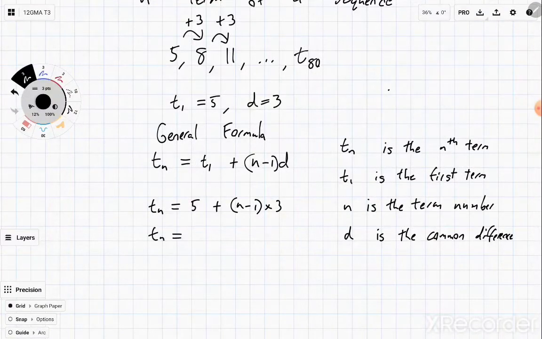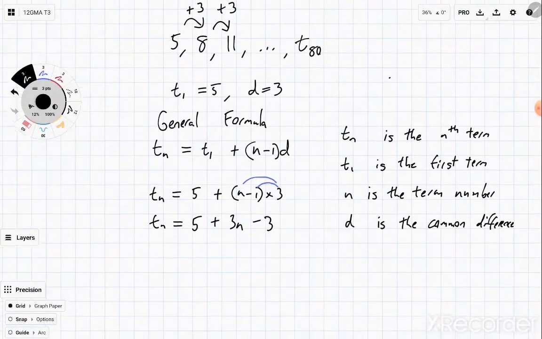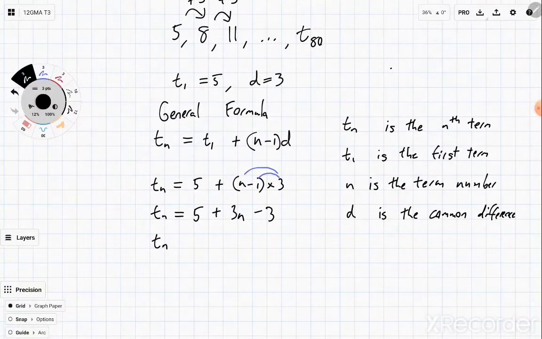So let's get rid of those brackets. If you remember from expanding brackets, we're going to go 3 times n, negative 1 times 3. So 3 times n is 3n, negative 1 times 3 is negative 3. And then we can collect like terms. We've got 5 and we've got negative 3, so that can simplify to 2 plus 3n. And this is our general rule.